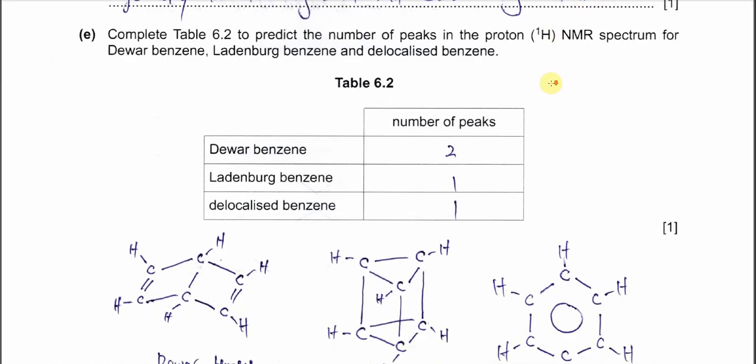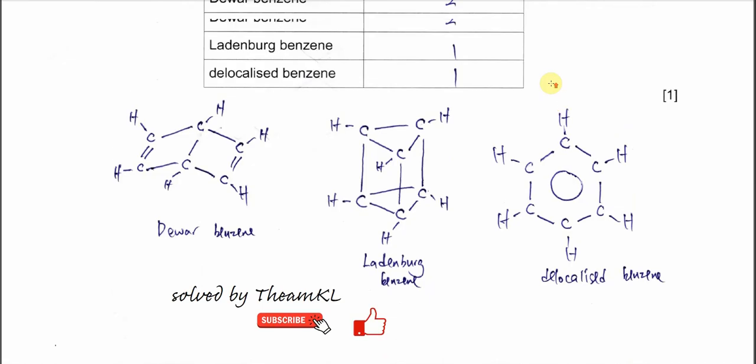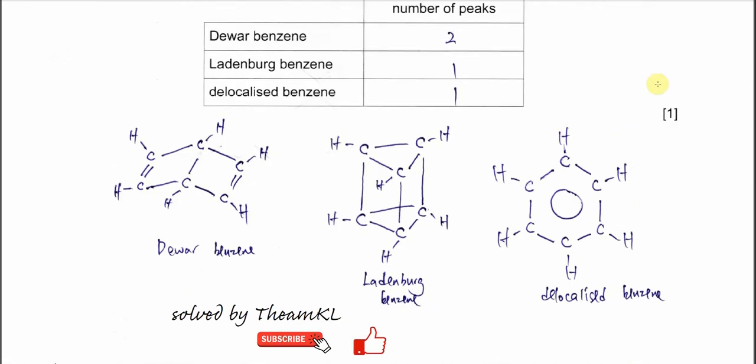So let's look at the structure and compare. For the delocalized benzene, we know that all these carbons are sp2 carbons, and there are only 3 electron clouds surrounding the carbon, and the repulsion between the electron clouds is relatively less as compared to these 2 isomers, right?